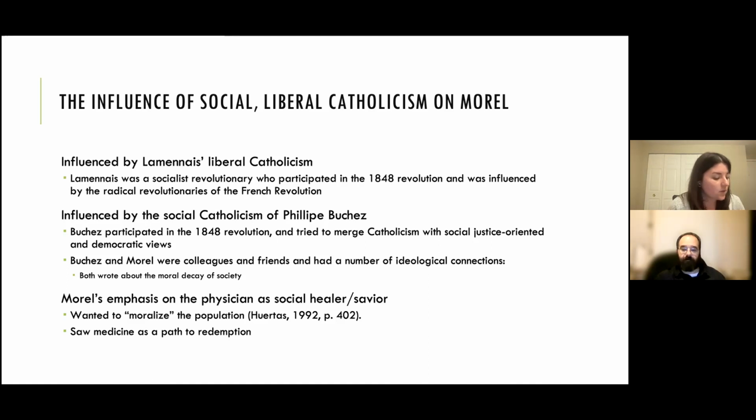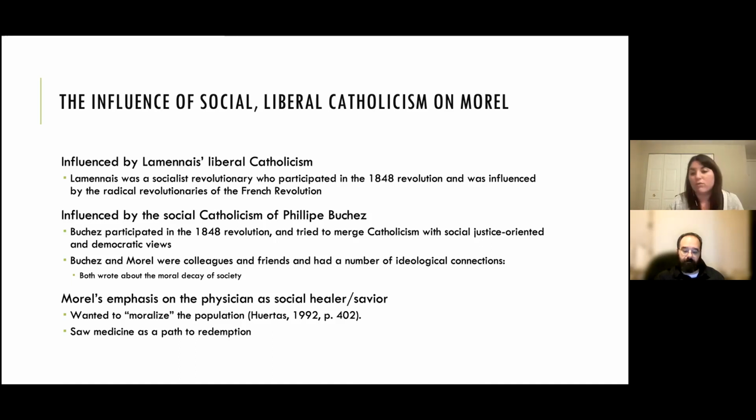And Morel was also influenced by the social Catholicism of Philippe Boucher. Boucher, like Lamennais, also participated in the 1848 revolution and tried to merge Catholicism with social justice oriented and democratic views. And Boucher and Morel were colleagues and friends and had a number of ideological connections.